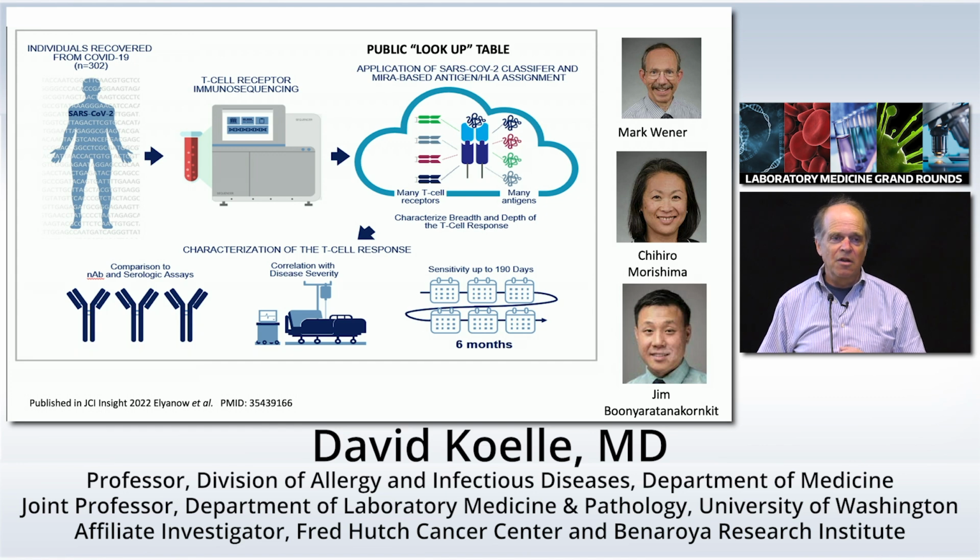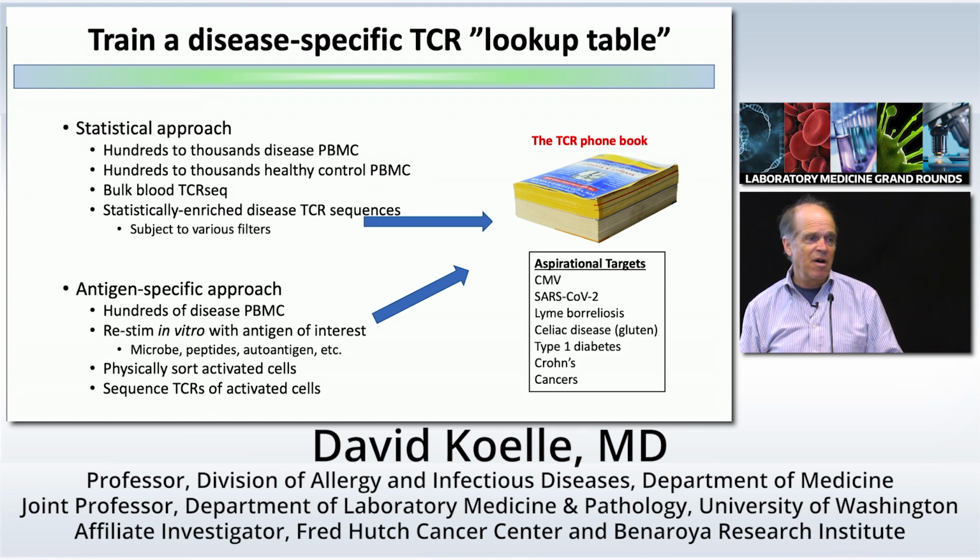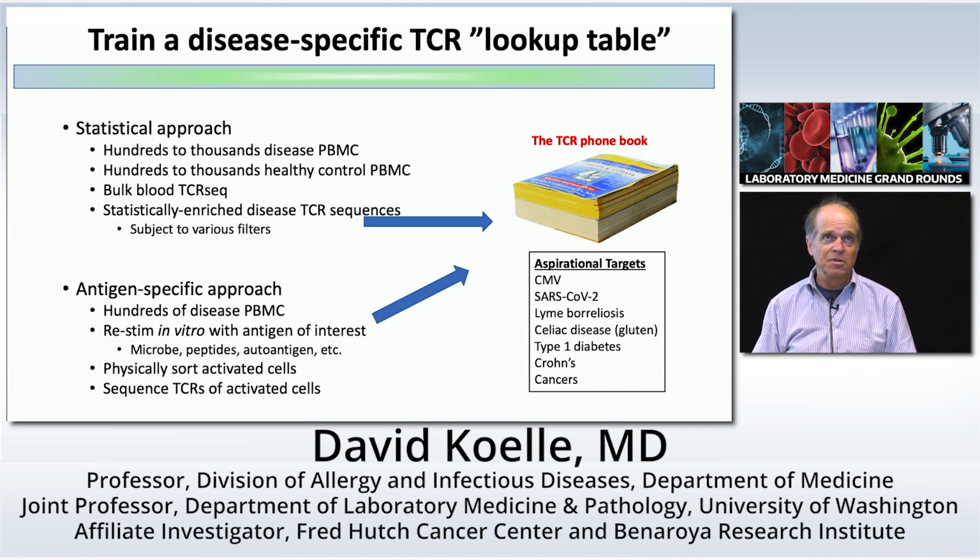And so at the end of the day, there was a result for each subject based on a classifier that was built by this particular company, Adaptive. To train the classifier, really a combination of two methods were used. One was a statistical approach, which took hundreds to thousands, I think about 1,500 disease or recovered PBMCs, and several thousand healthy control pre-2019 PBMCs.